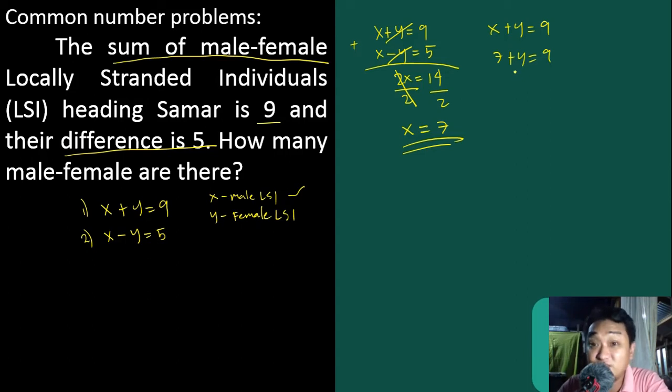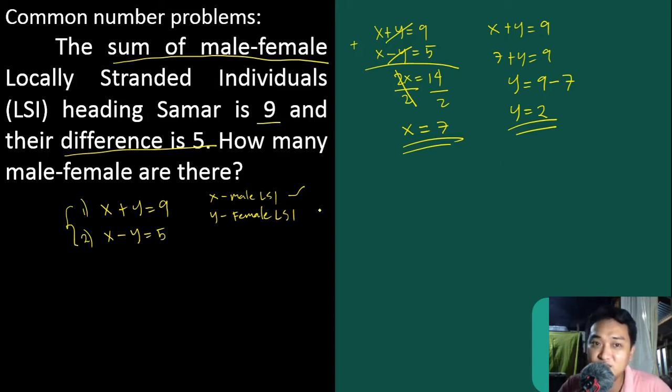And we can combine those similar terms by transposing 7 to the right side of the equation. Take note, it will become negative. So that is y is equivalent to 9 minus 7. And 9 minus 7 is 2. So y therefore is 2. Ibig sabihin kung sa graph pa po natin ilalagay itong dalawang linear systems na to, mag-cross yung landas nila or mag-intersect po sila at (7, 2).